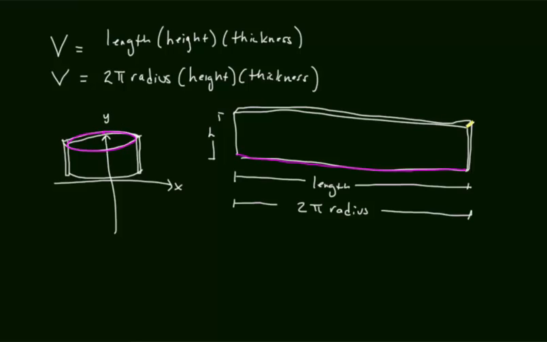In this particular diagram, this distance from here out to the edge is the radius, and that's synonymous with the x value associated with that particular rectangle. In fact, you could say that the rectangle has a first side and a second side, and x is the average of those two sides. So in this case, the radius is x.